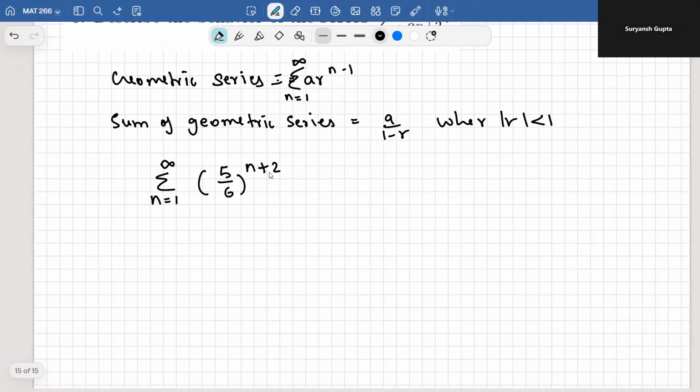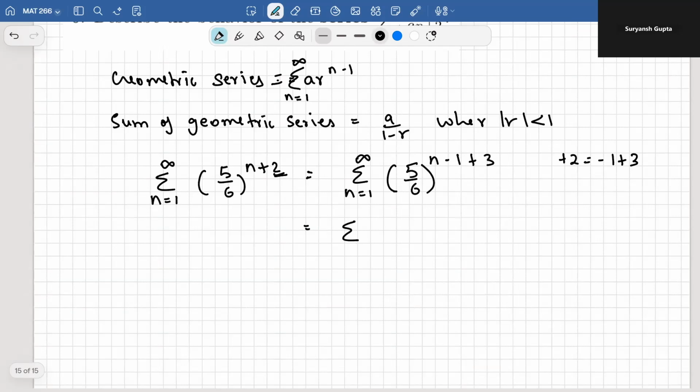I need to get it down, so I can write this as the sum from n equal to 1 to infinity of 5 by 6 to the power n minus 1 plus 3. I can write plus 2 as minus 1 plus 3, and all I'm doing is replacing it for this value here.